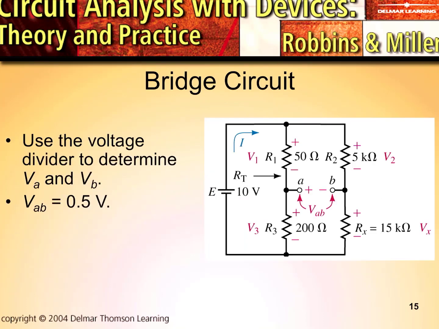If we look at this next slide, that's what's being done here. We've taken our loads, drawn them vertically, and we have the same circuit as in the previous slide.